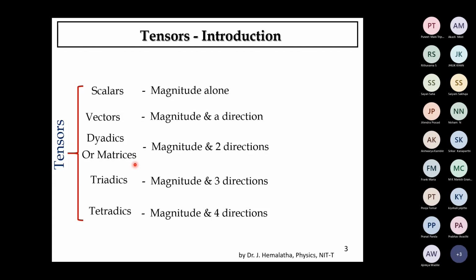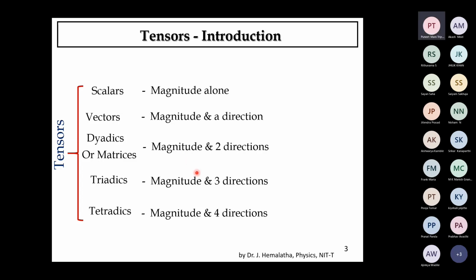Some 3 by 3 matrices which are symmetric in property and which are Hermitian, maybe in matrix properties we will study the Hermitian matrix, a symmetric Hermitian 3 by 3 matrix forms dyadic tensors, which require two directions and one magnitude for describing physical quantities. This is what I told.